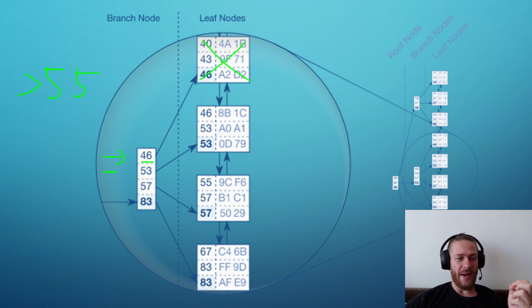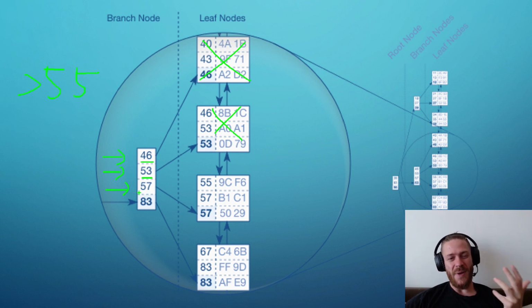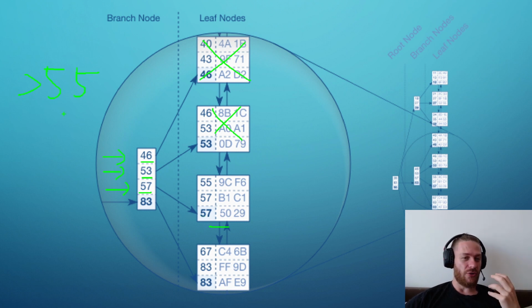Then it will compare 55 to 53 and it will dismiss this node too. Then it will compare 55 and see that the biggest value in this node is 57. So apparently we have values greater than 55 in this node, so the database will start looking here.